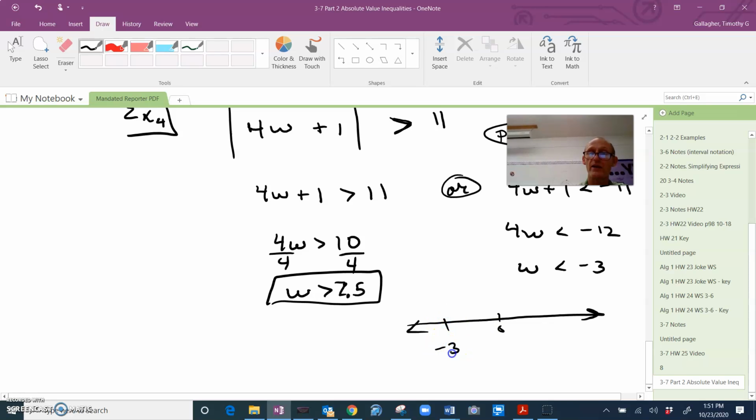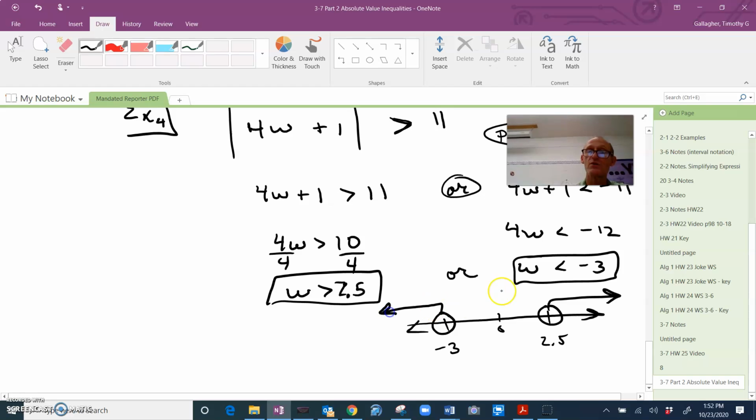Let's do negative 3 down here. 2.5, a little bit closer to 0 than negative 3. These are both open circles. So this is an OR problem, so this is pushed out. Let's read it. W greater than 2.5, which is these numbers to the right of 2.5, or W less than negative 3, which are these numbers pushed outside of negative 3.